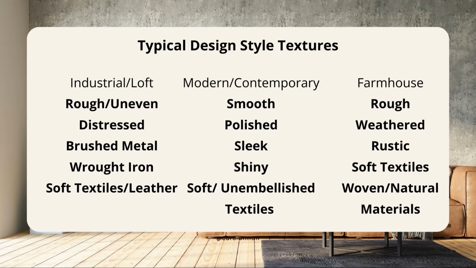So for instance, if you want to create an industrial sort of loft look, well, there are probably going to be textures that are maybe on the more coarse or rough side. Think of brick or maybe there's kind of unfinished metal or more rustic sort of elements. All of those different types of textures would remind us of maybe a more industrial style of look.